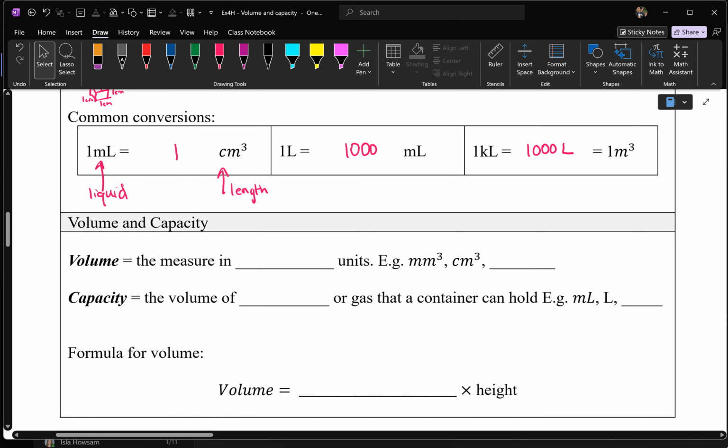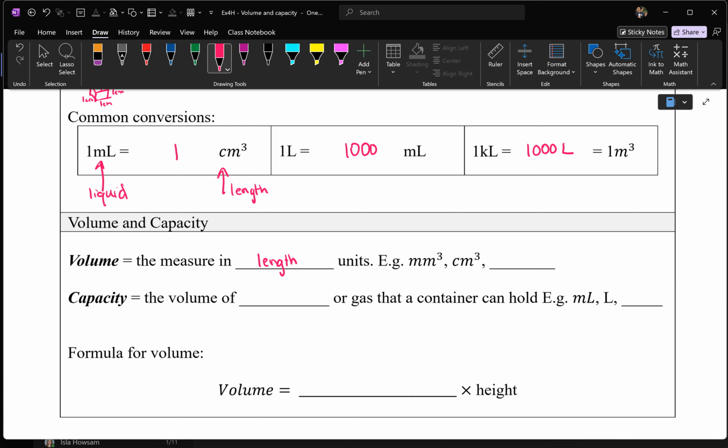When you say volume, it's the measure in length units, so hence cubic millimeters, cubic centimeters, cubic meters, for example, whereas capacity is actually the volume or the measure of liquid or gas that a container can hold. So like a can of Coke is 375 mils, right? Or like a bottle of milk could be 1 liter or 2 liters. So these are the ones that we normally work with in terms of capacity, all right? And so you could write kiloliters here as another example.